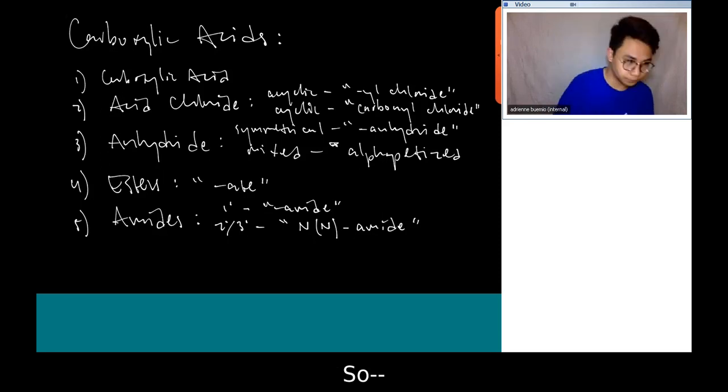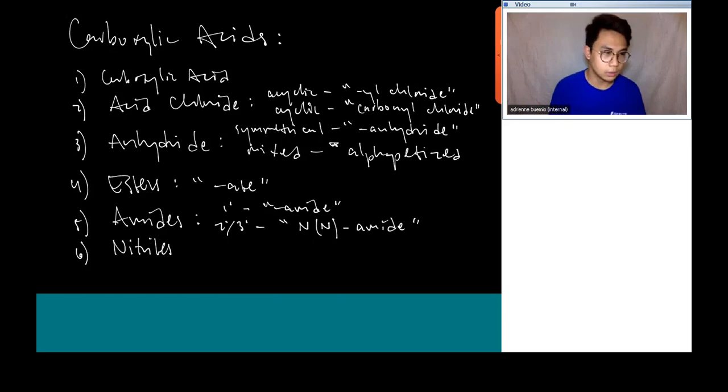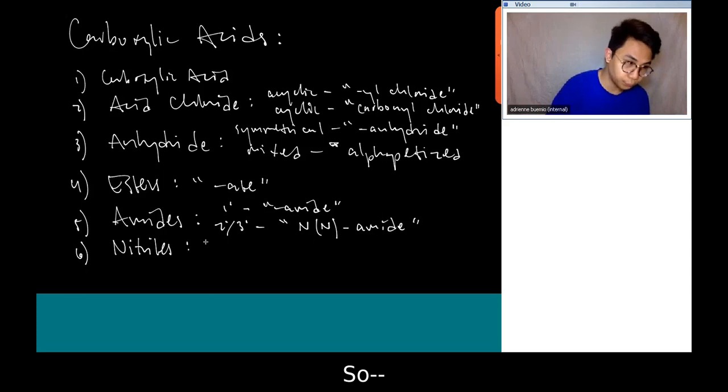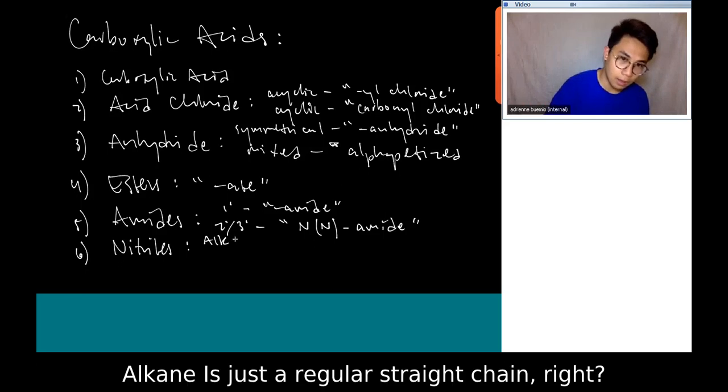So 6, alkane, just a regular straight chain, right?